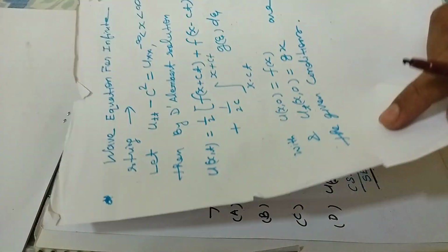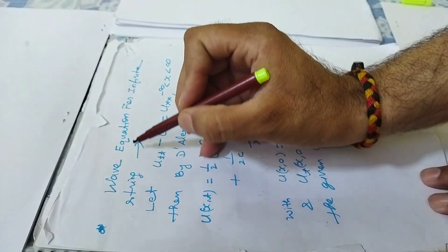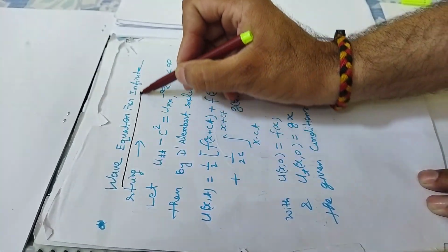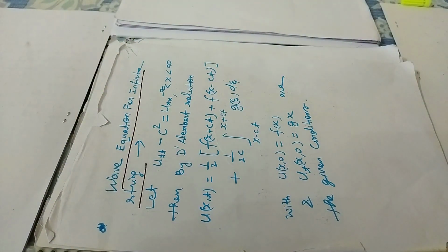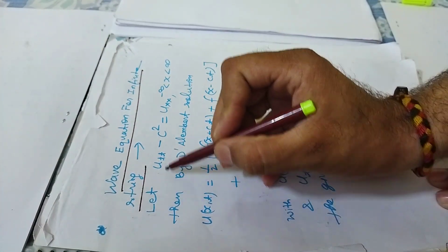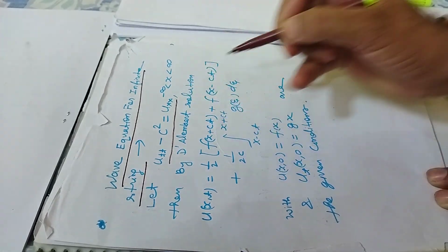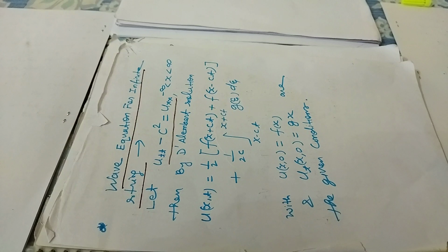Basically, this type of question is called the wave equation for an infinite string, right? Such equations are of the form u_tt minus c square u_xx equal to 0.